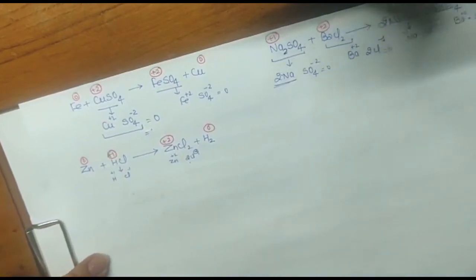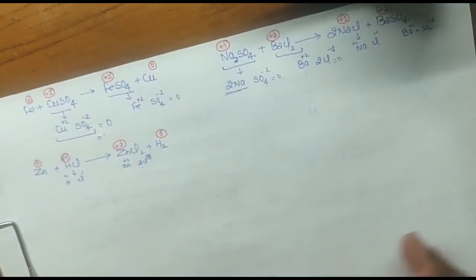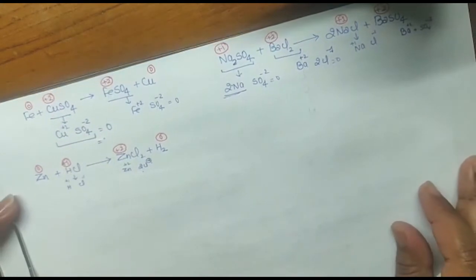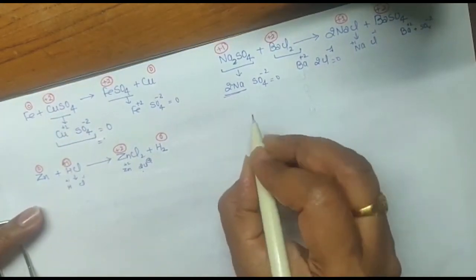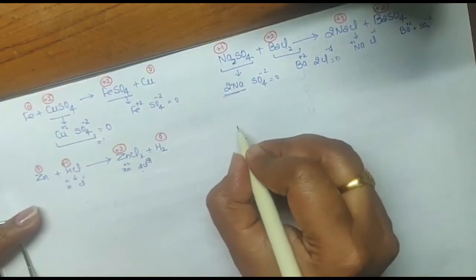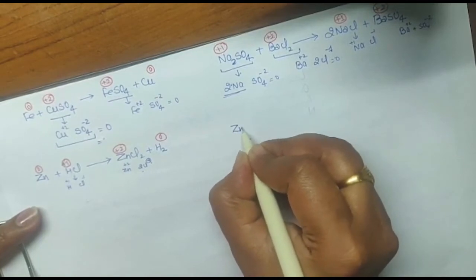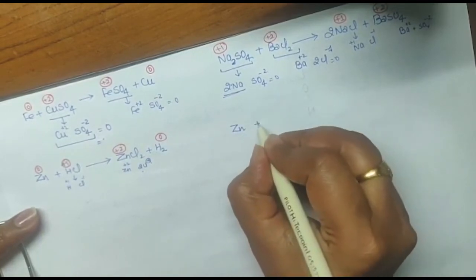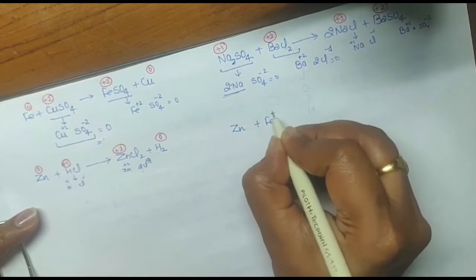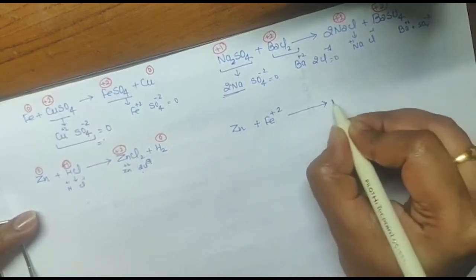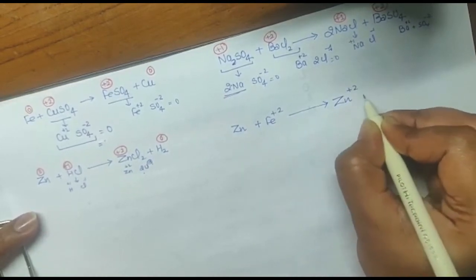Clear? Then any other example you can take. Suppose this example, let me write: Zn plus Fe+2 changes into Zn+2 plus Fe.